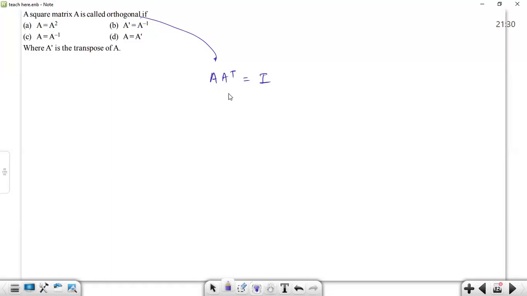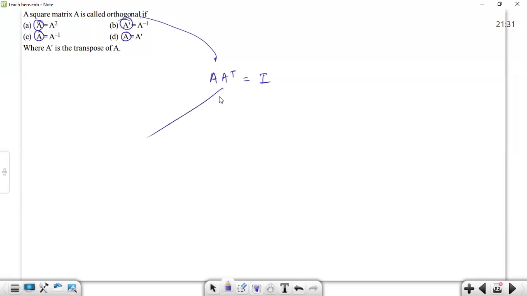What is our objective? To make A on a single hand side. In all the options, there is A on one hand side, and in this particular option, there's A transpose on one side.